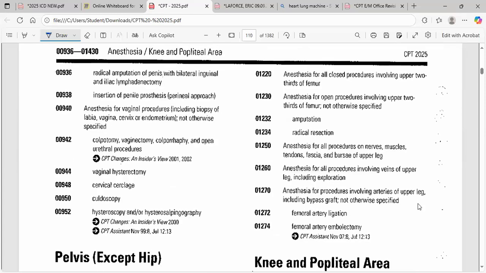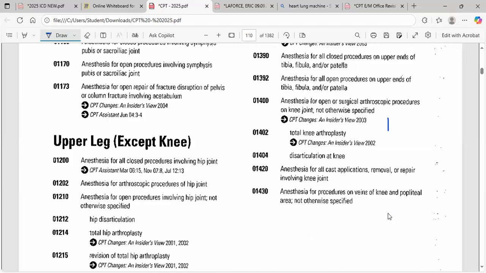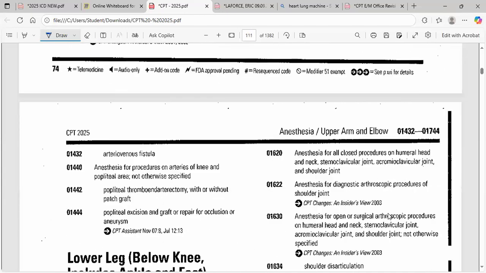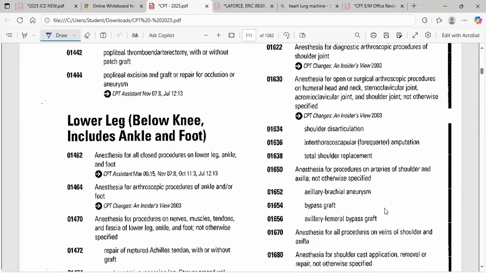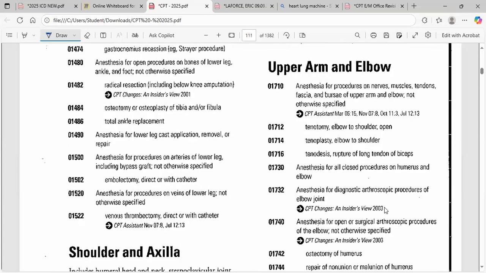So we have the same kind of procedures in all the sections. You can see here tenotomy.